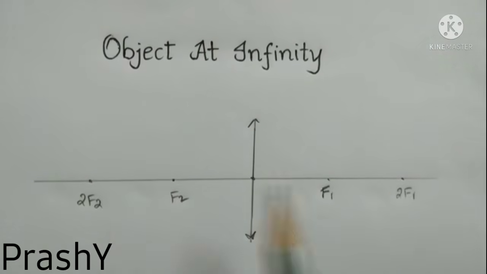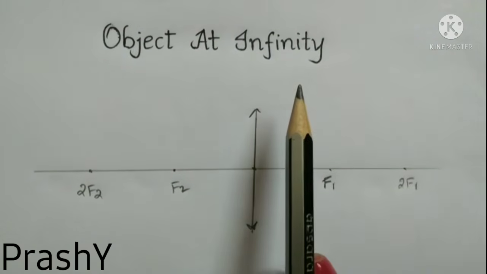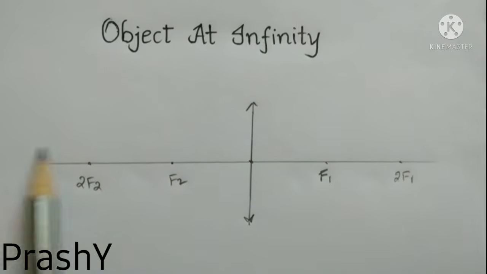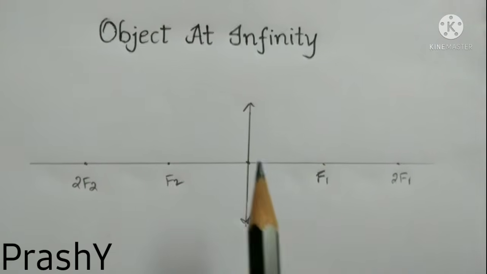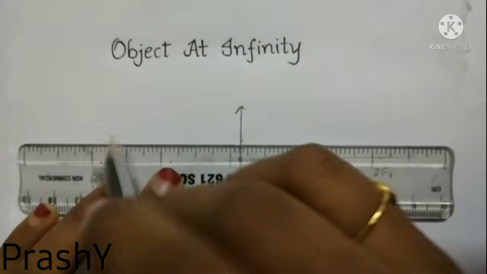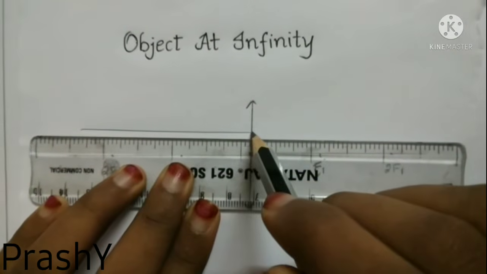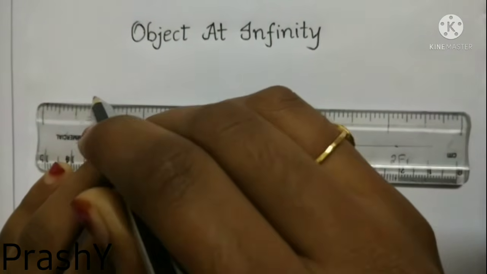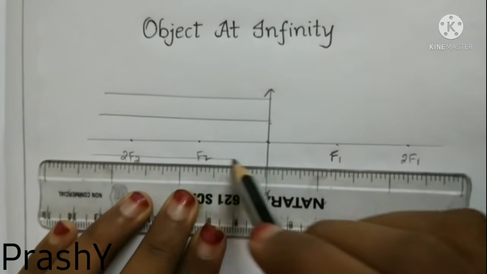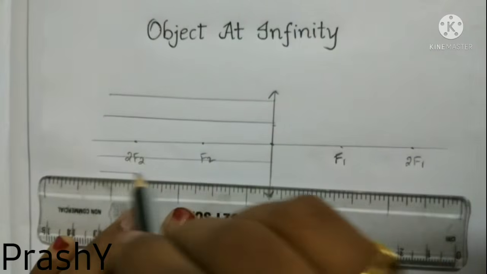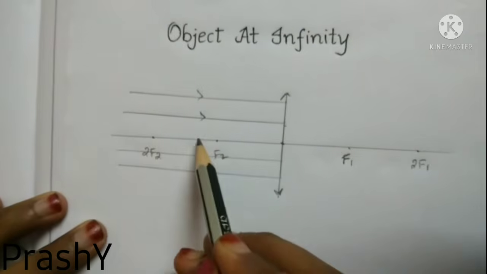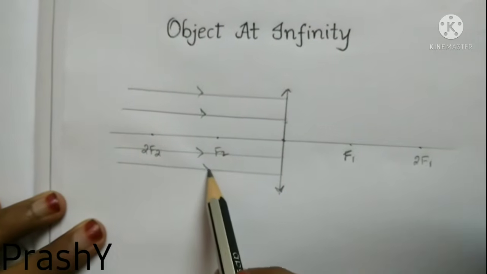Let's start drawing the ray diagrams for the object at infinity. When the object is at infinity, the rays that fall on the lens will be parallel to the principal axis. So first I will draw lines parallel to the principal axis. These are the incident rays.